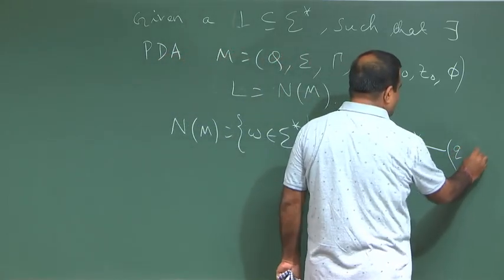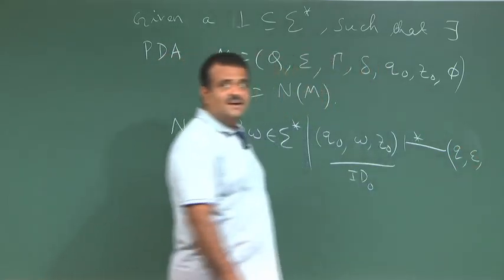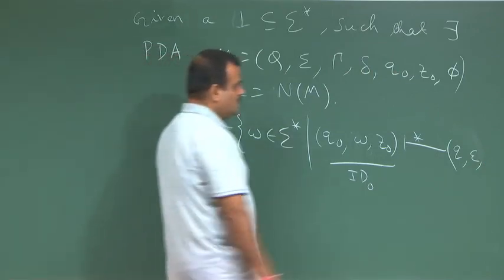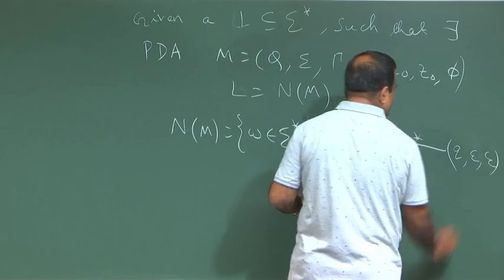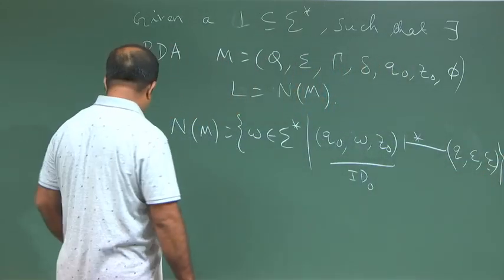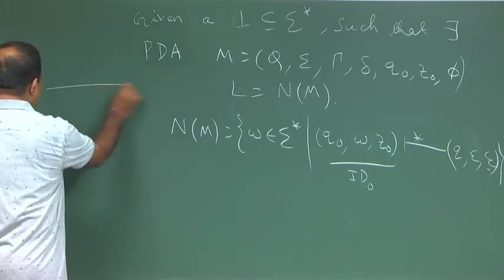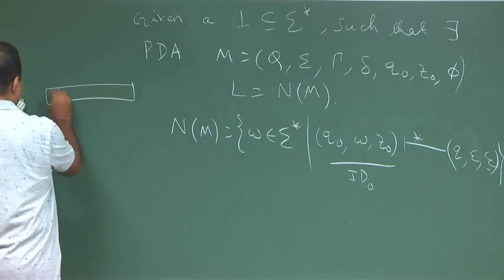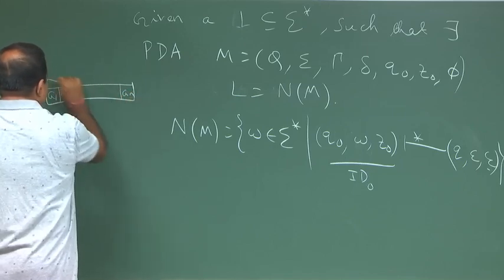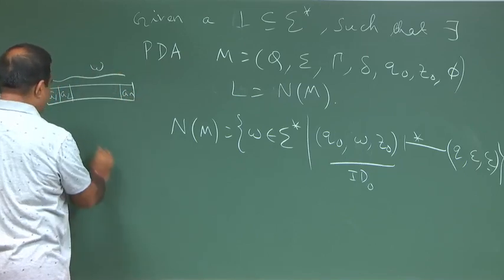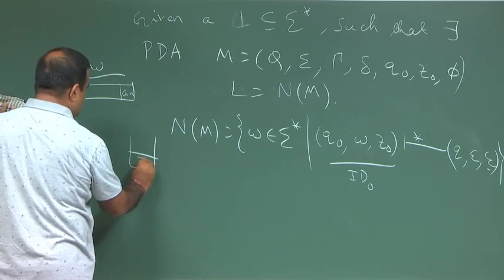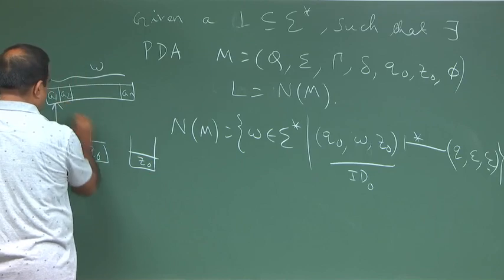We go to some state, then we complete reading the tape, that means this w is exhausted, and we reach an empty stack. So, say w is a1 a2 up to an, of length n, and this is our starting state q0, this is Z0.